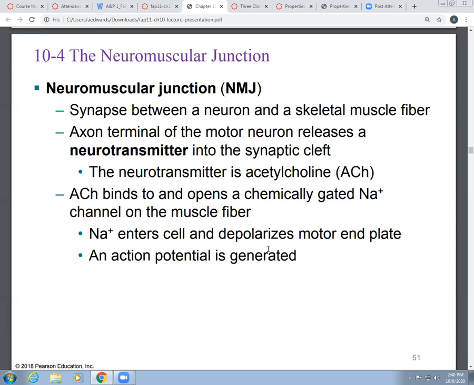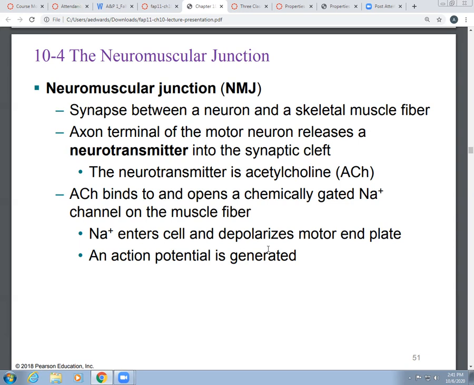And the acetylcholine, or ACH, is your neurotransmitter for muscle cells, or for those motor neurons. And ACH will bind to sodium channels, and it opens them. And it's chemically gated. And these are sodium channels on the muscle fiber.